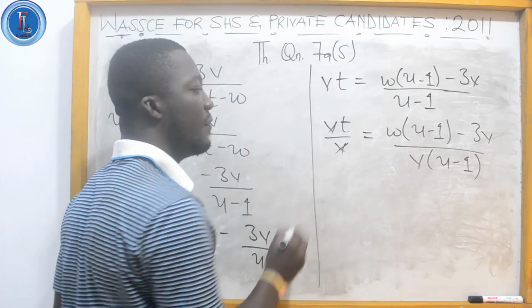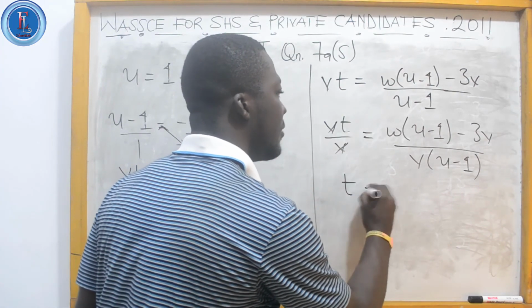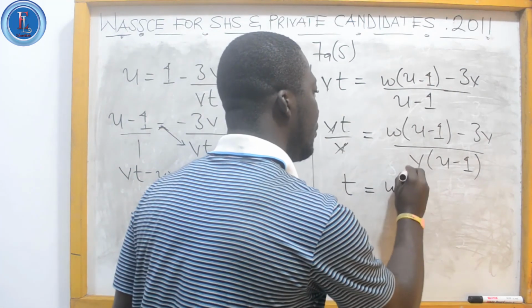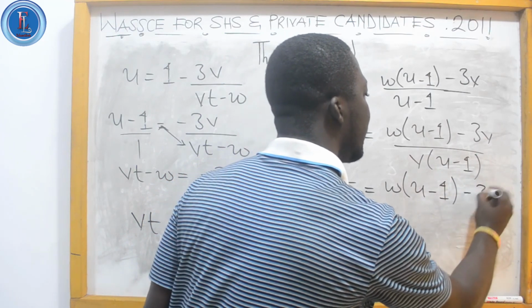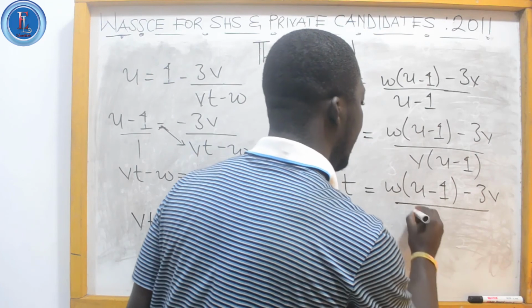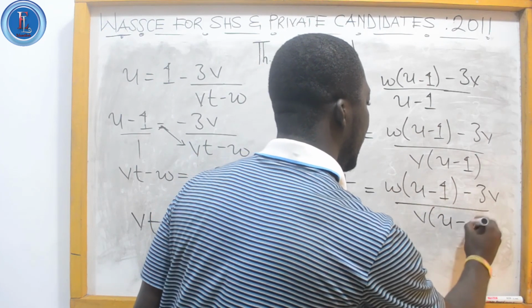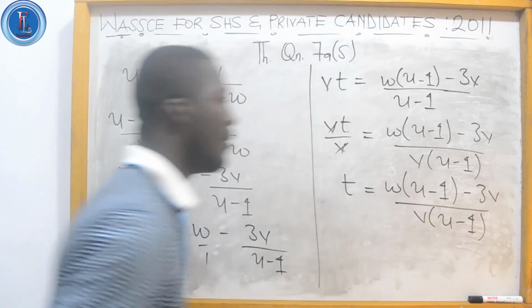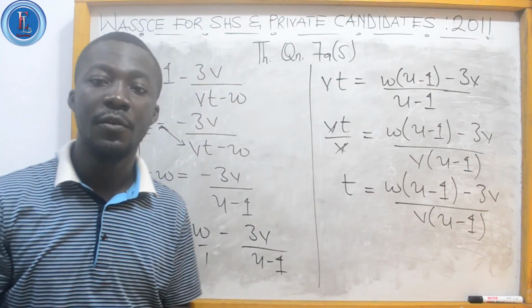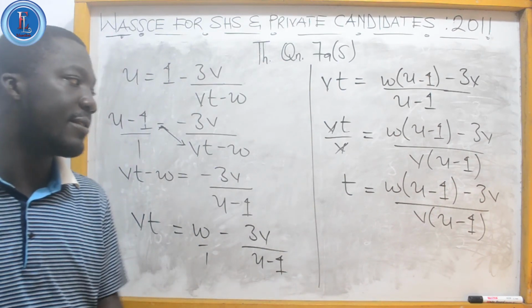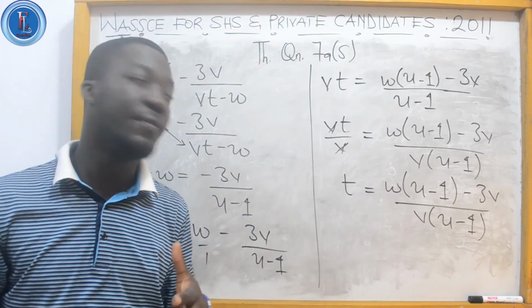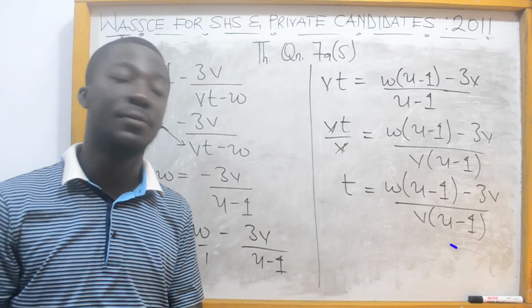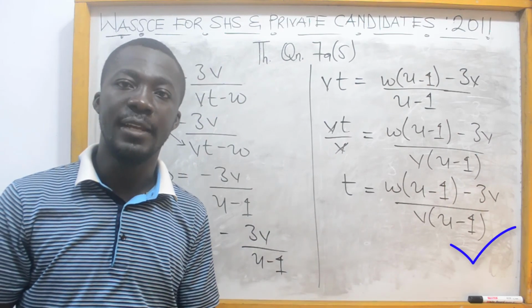V will cancel V. Then we have T is equal to W into brackets U minus 1 minus 3V divided by V into brackets U minus 1. So now, the value for T which we're asked to find is W into bracket U minus 1 minus 3V divided by V into bracket U minus 1.